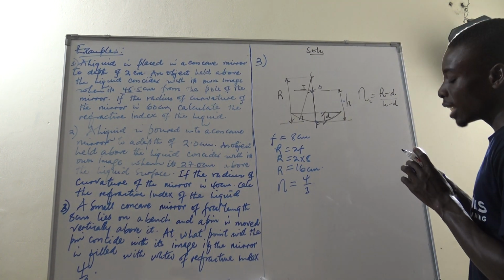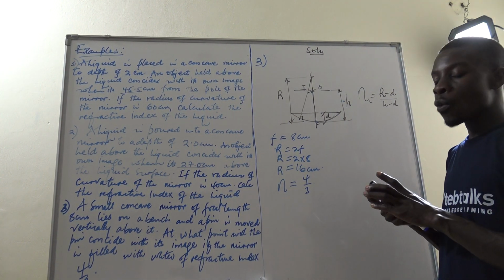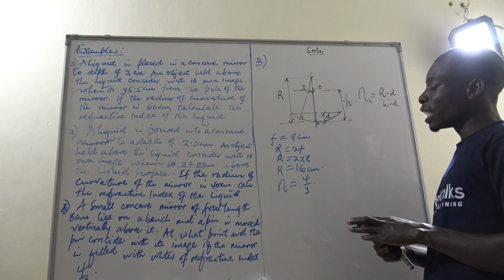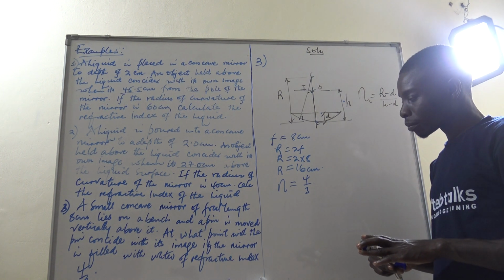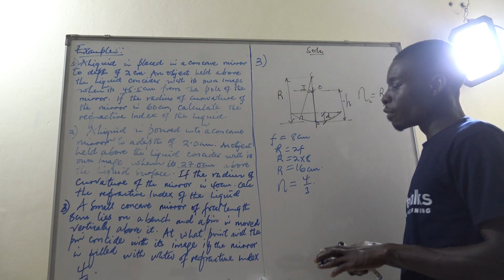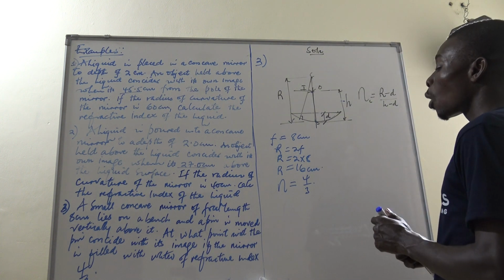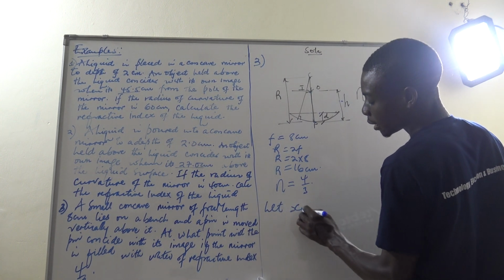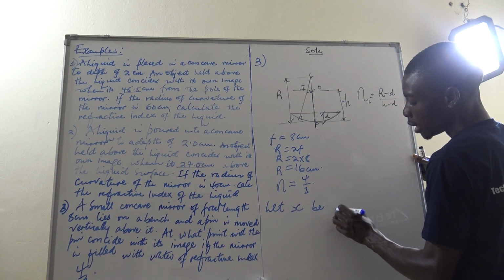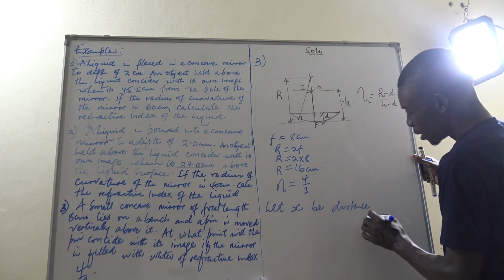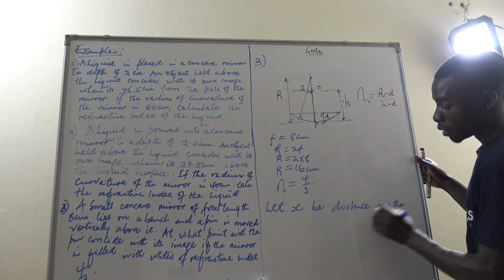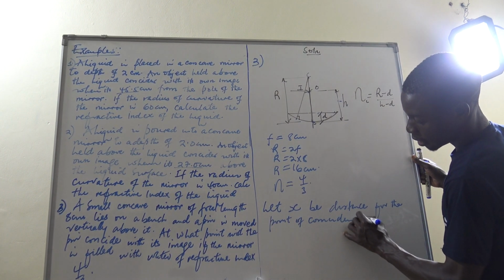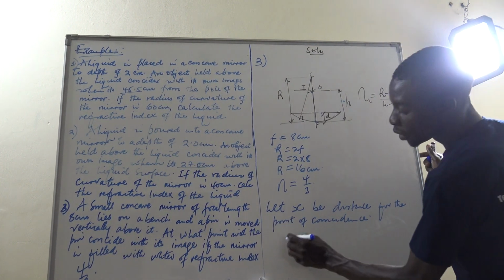You will realize one thing, that in all this statement here, we were not given the depth of the liquid, isn't it? And if the depth of the liquid is not given, then that means that we should ignore it as being small. So I can say, let H be the distance for the point of coincidence from the pole.